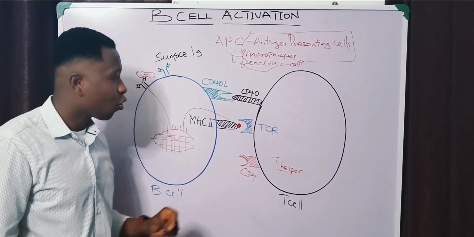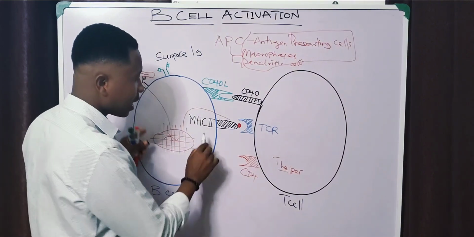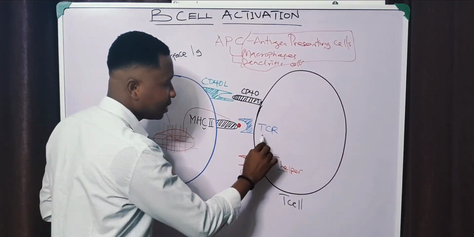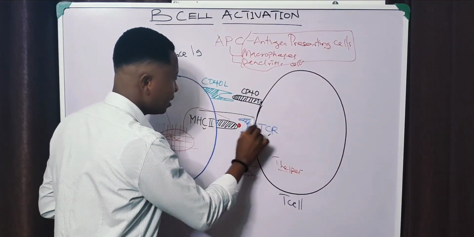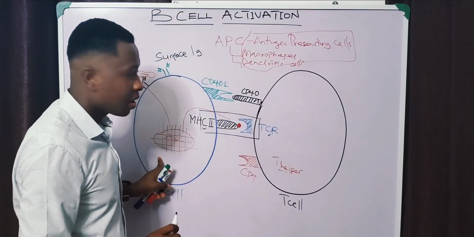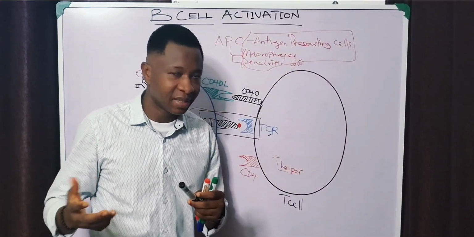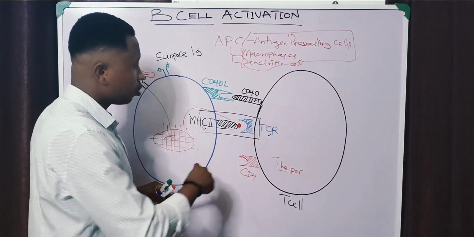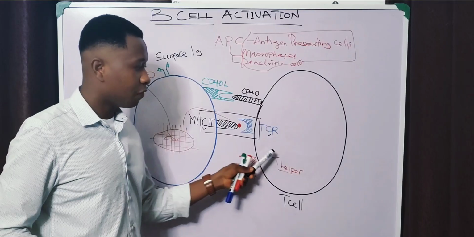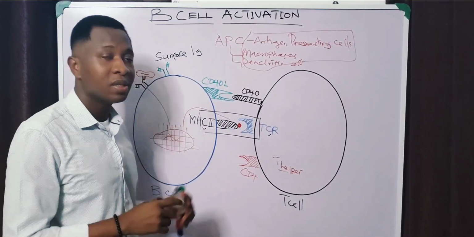So the first and most important binding that occurs is between the MHC class 2 and the TCR. Now this is the most important binding here. However, we also have some complementary binding, like the binding between the CD40 on the surface of the T cell and the CD40 ligand on the surface of the B cell.